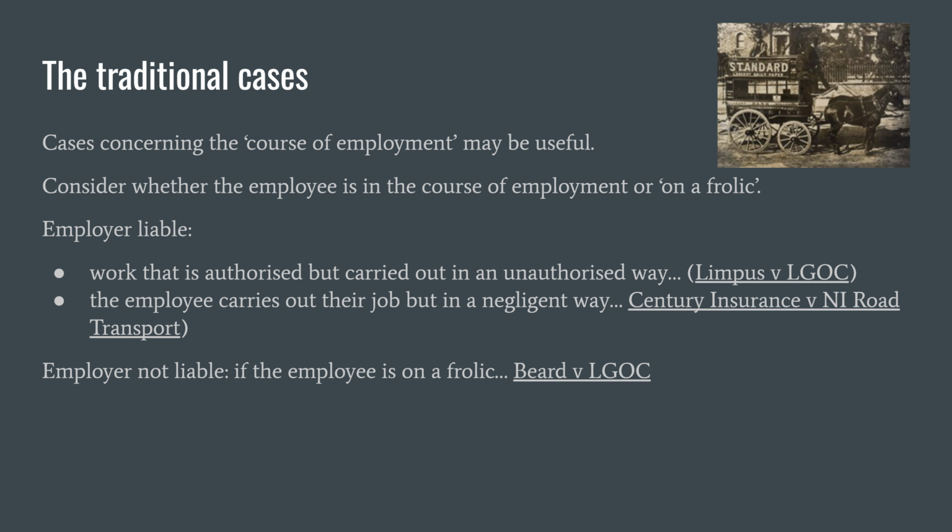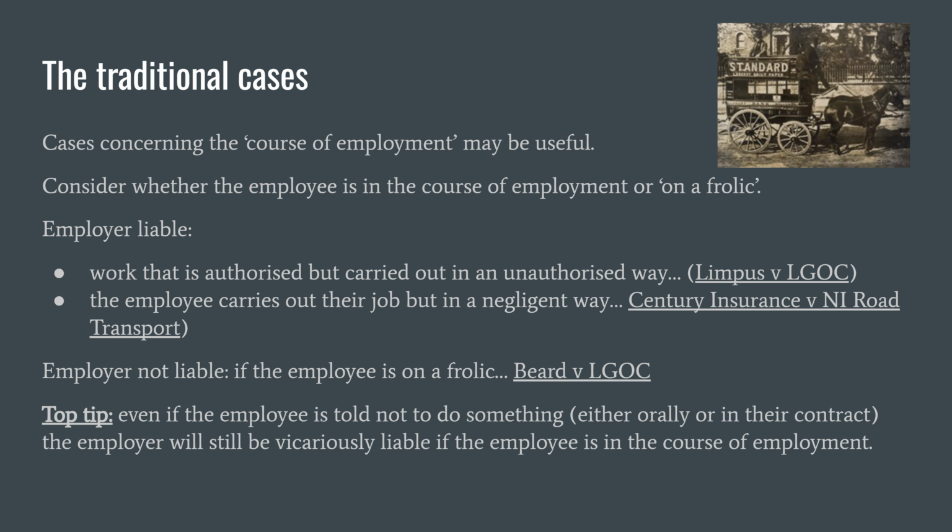This was outside the course of employment, and he was found to be on a frolic of his own, and the employers were not liable. So my top tip would be, even if you're told not to do something, either orally or in your contract, the employer will still be vicariously liable if the employee is in the course of employment.